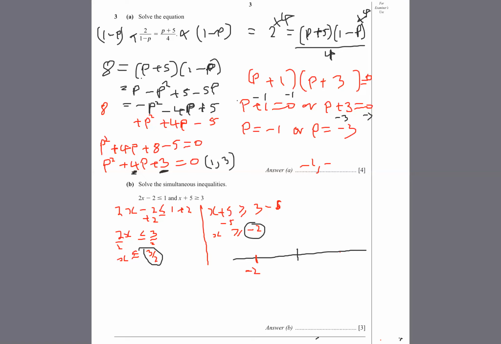And then the other critical point is at 3 over 2.